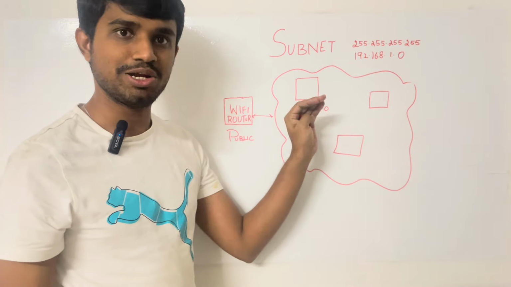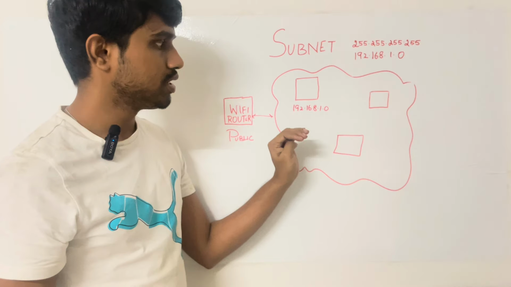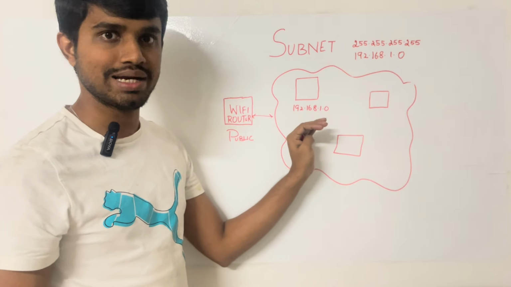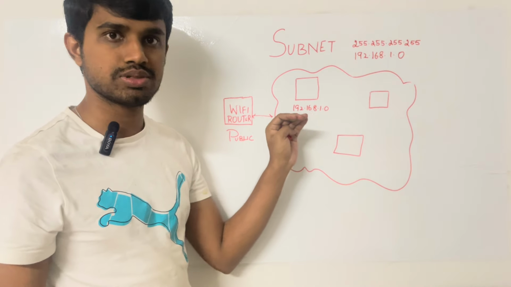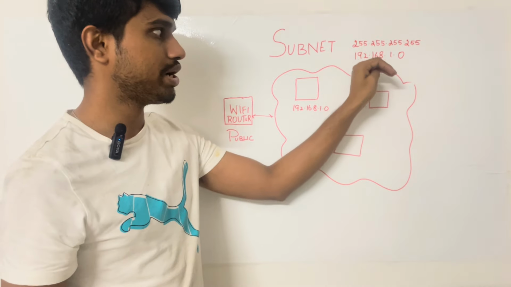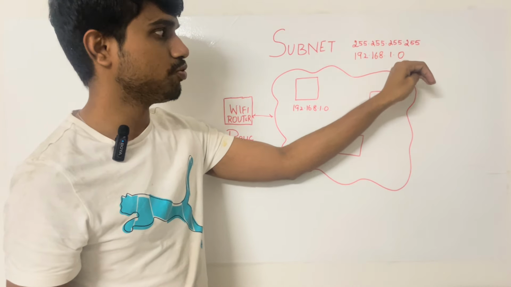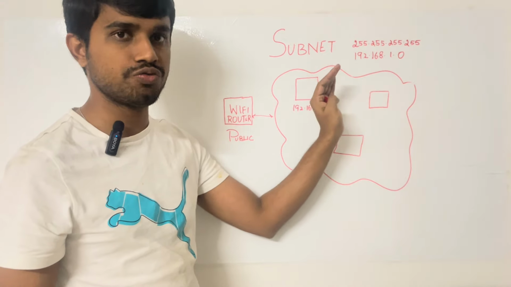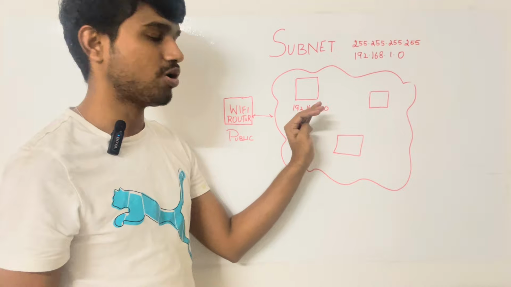Then when you go into an organization, you have multiple departments. So a networking person comes and says, hey, you can assign all the addresses from the range 192.168.1.0 to 1.255. I am giving you 256 addresses for your organization.